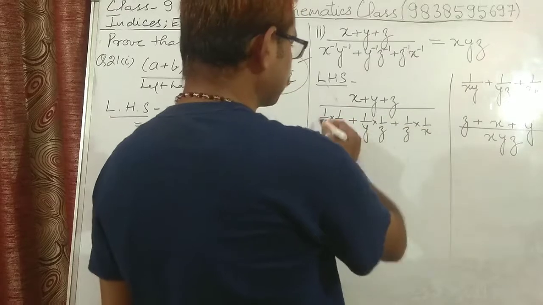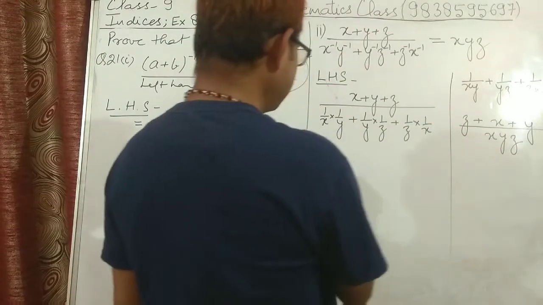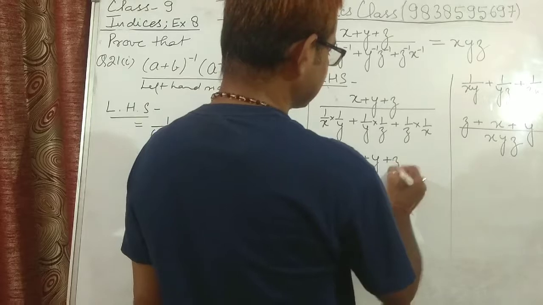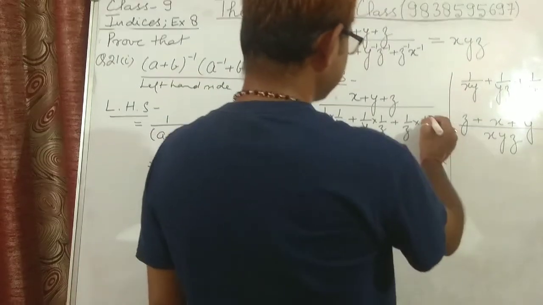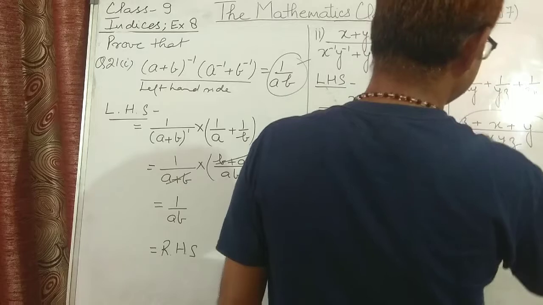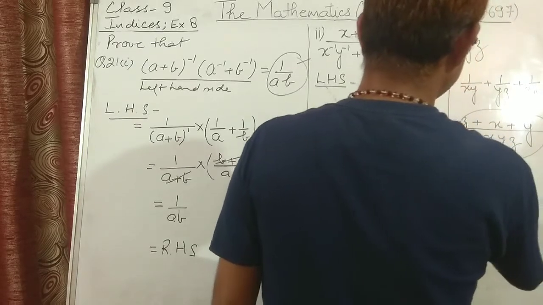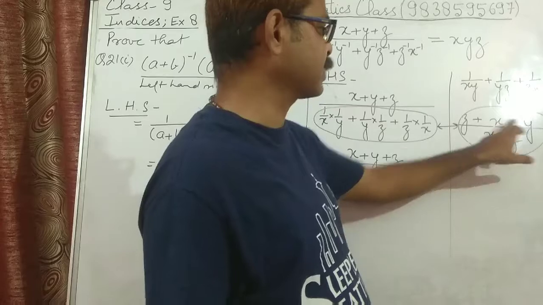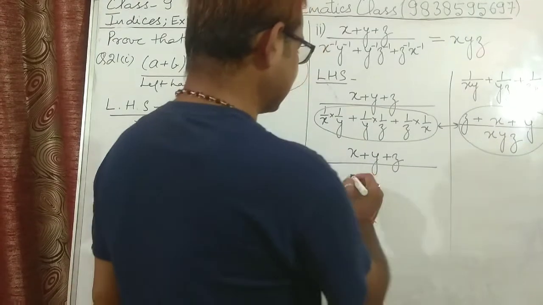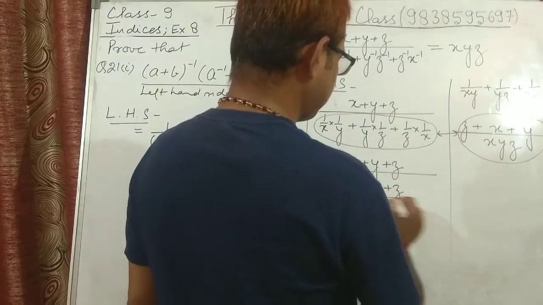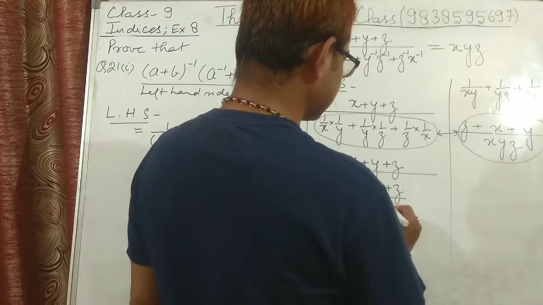It means this total portion can be written as x plus y plus z upon xyz, because after solving this we are getting x plus y plus z. So I am writing (x plus y plus z) upon xyz.